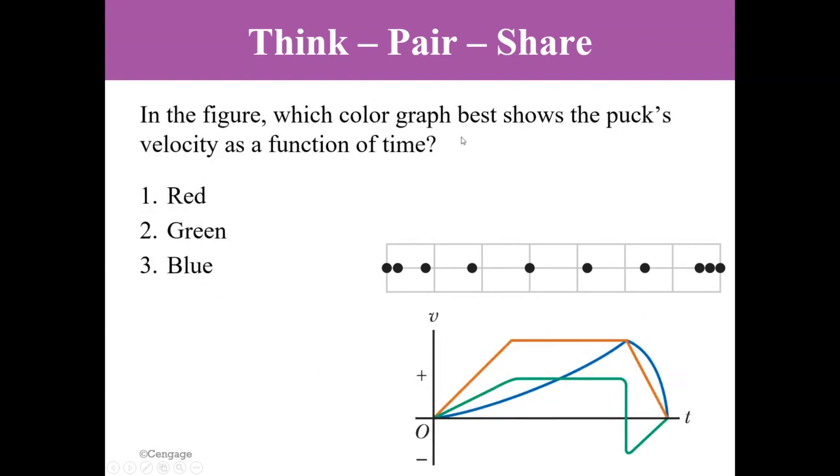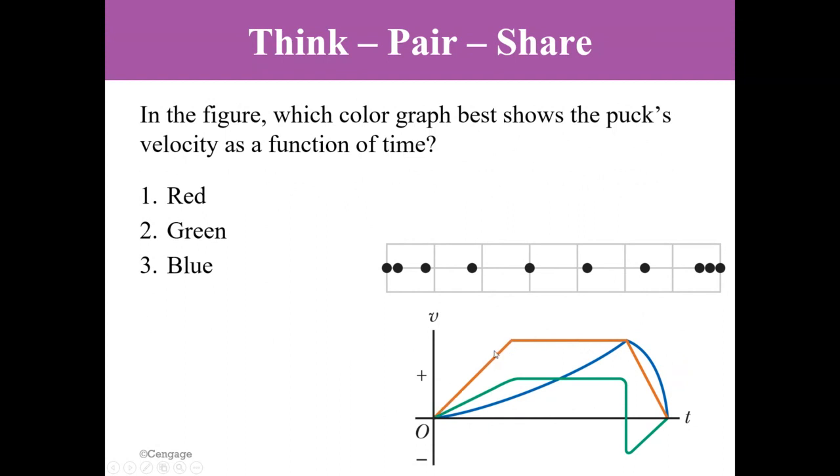In the figure, which color graph best shows the puck's velocity as a function of time? So now we are talking velocity. Here, the velocity with time is almost constant. So red.